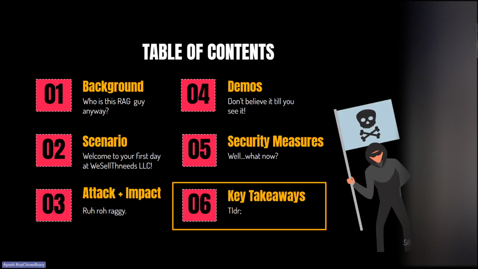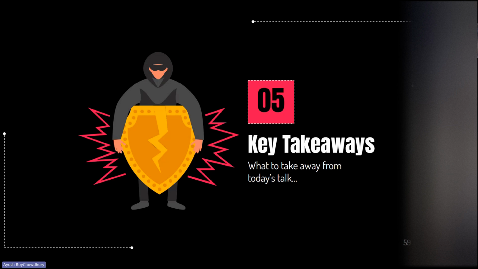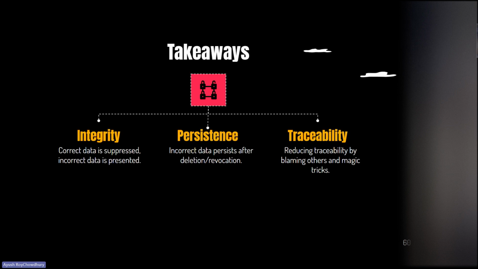So, some key takeaways. What to take away from today's talk, if anything? Before I go on, I want to say that I am not against adopting AI. I think adopting AI now more than ever is super crucial.